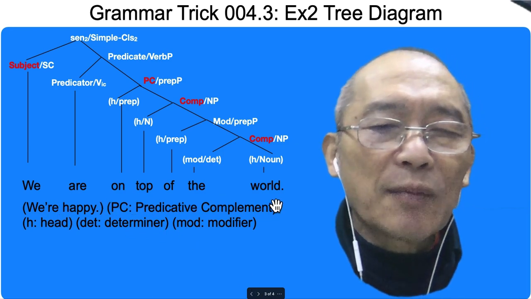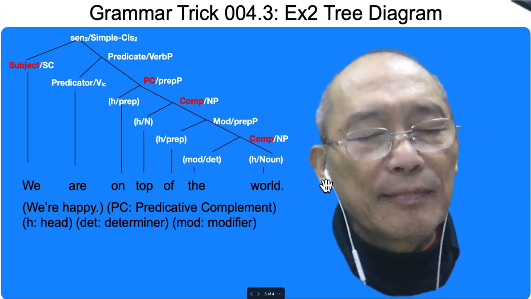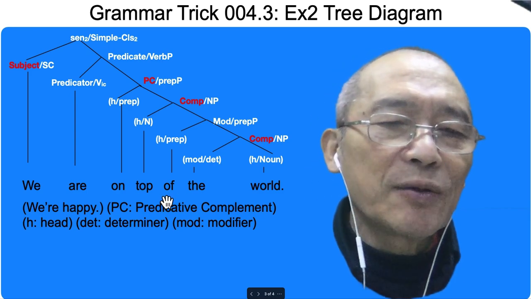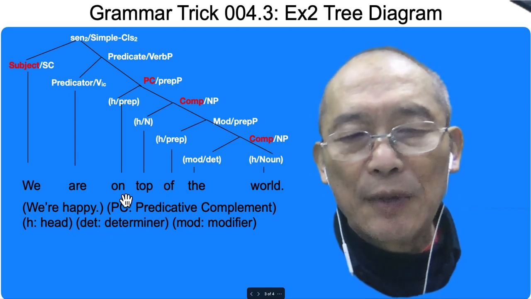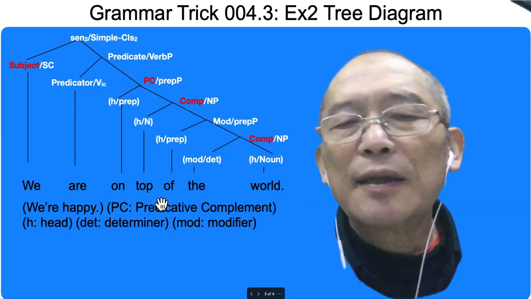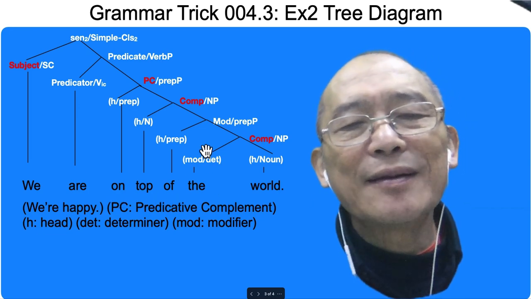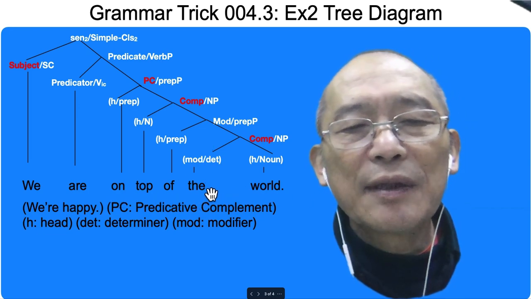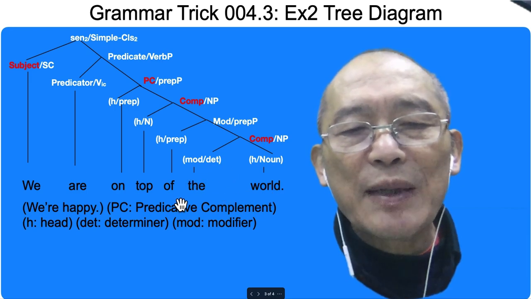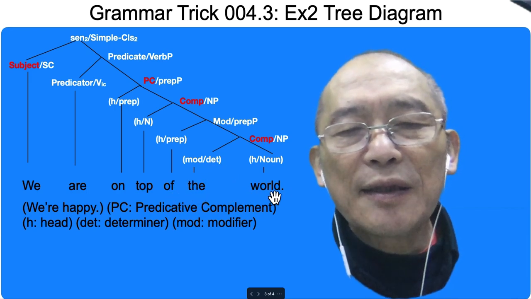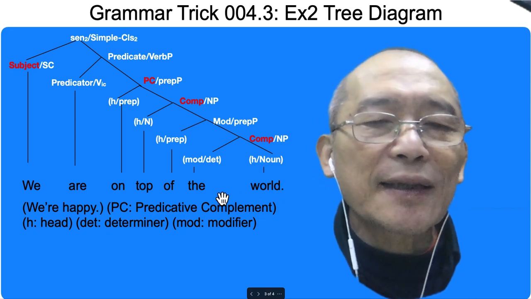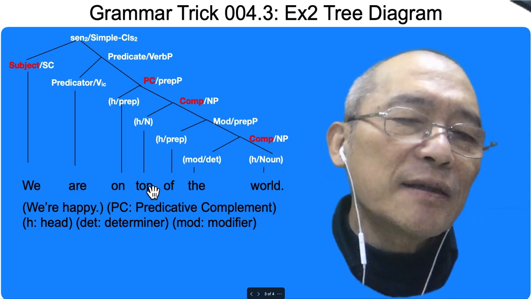We are on top of the world. It's syntactically equal to we are happy. So this is a prepositional phrase. It's a 4-level prepositional phrase. First level, noun phrase, which is the complement of this preposition. So this is the prepositional phrase acting as the modifier for this noun.